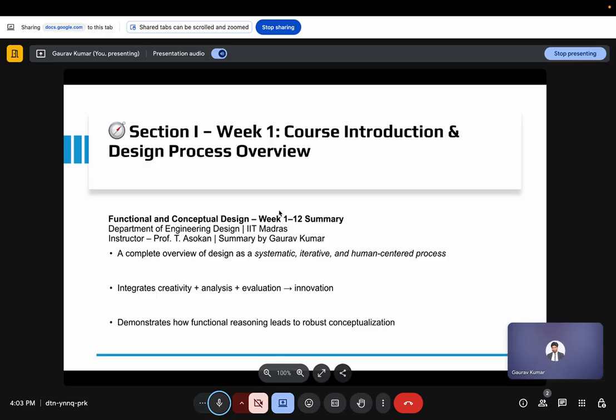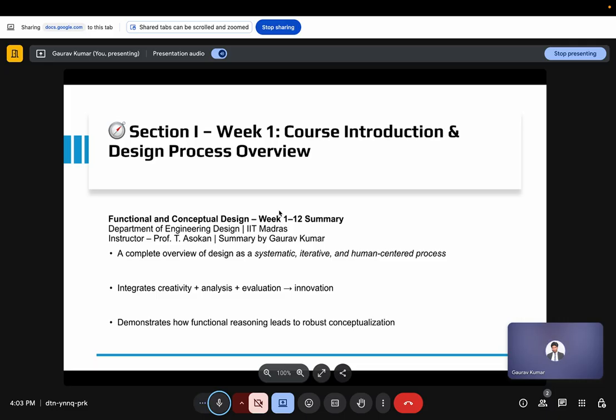So the course positions it as the logic that connects needs, functions, and realizations. This implies a deliberate shift from intuition to methods, from inspiration to structured iterations.